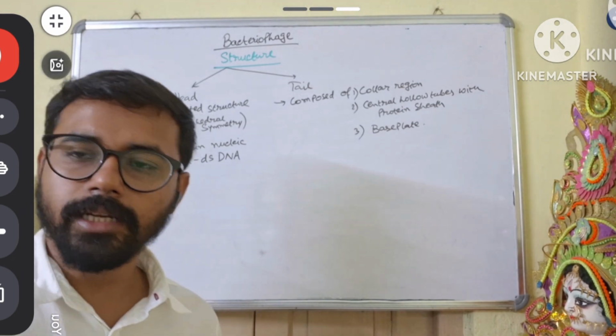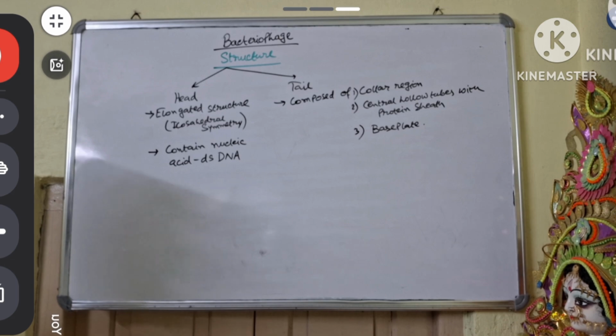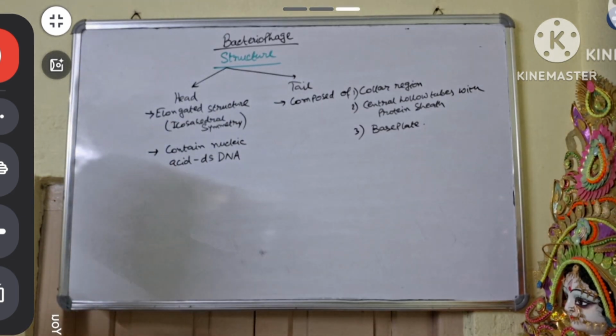So the highly organized and complex structure is the tail portion, containing three parts: collar, central hollow tubes with protein sheath, and base plate.